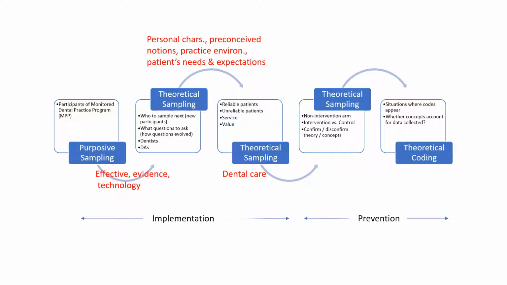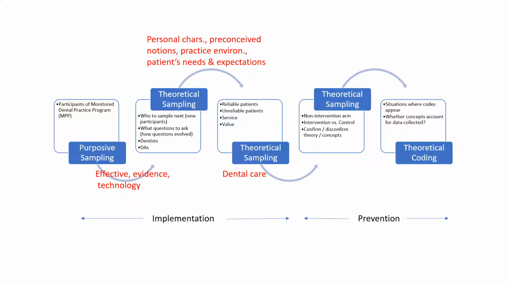They ask dentists and DAs to identify reliable and unreliable patients. They interview these patients about the service and the value of the dental care. So a common theme emerged from the third stage, which would be the dental care received.